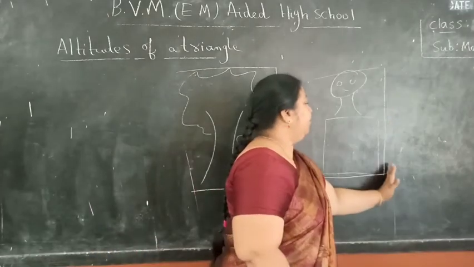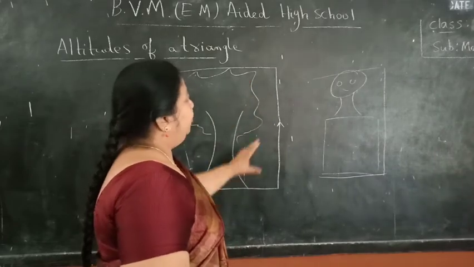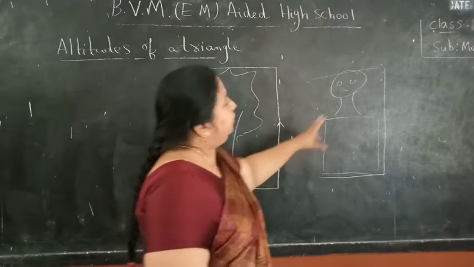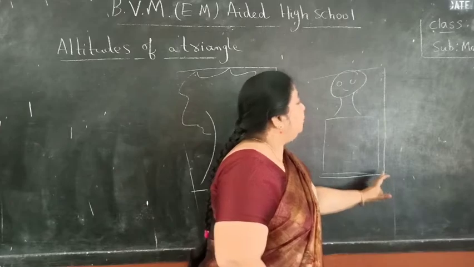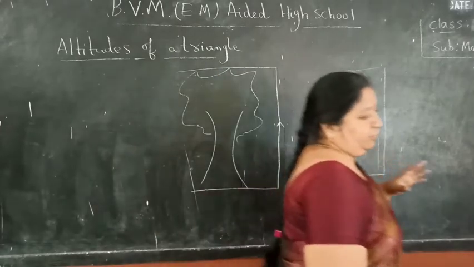This is the height of this person. This is the height of the tree. You measure this length. This is the height of a man or a tree. You find it like that.